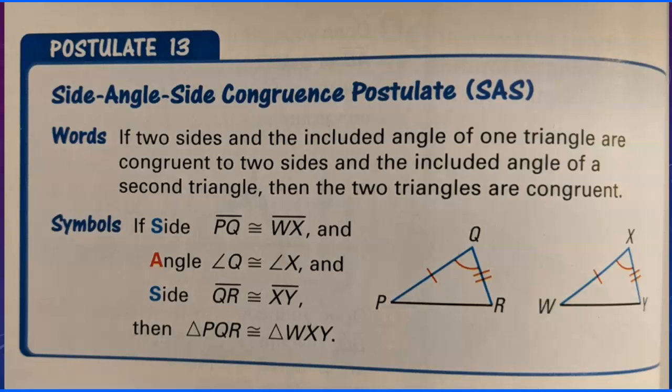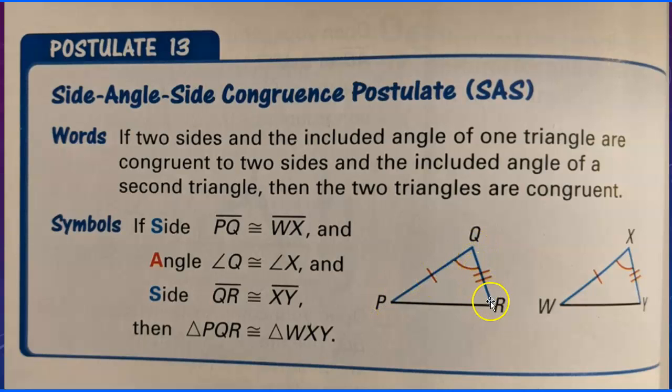Now what that means is, if two sides, so here's PQ and RQ, are congruent to two sides of another triangle, and the included angle of both is congruent, then the two triangles are congruent. Now, what does it mean by included angle? It means the angle between those two congruent sides.